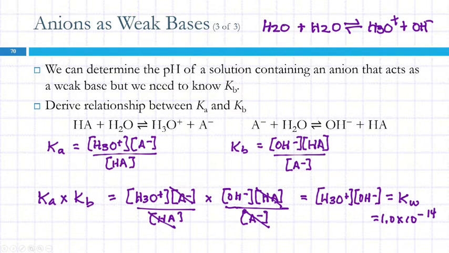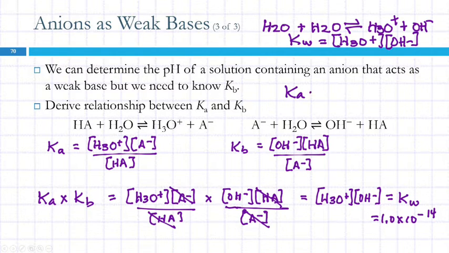And this is the equation for the autoionization of water, right? The equilibrium constant for that is this times this, Kw. So Ka times Kb equals Kw.